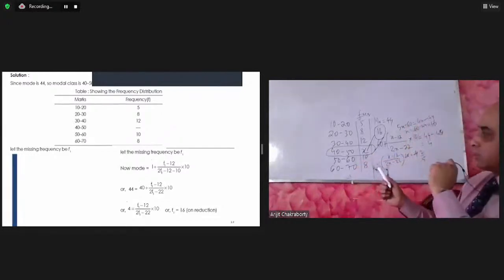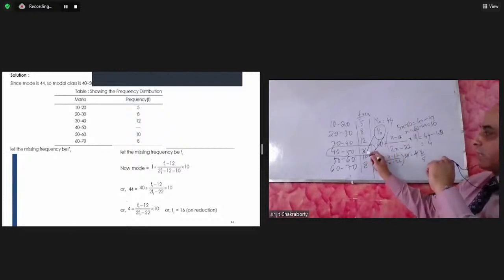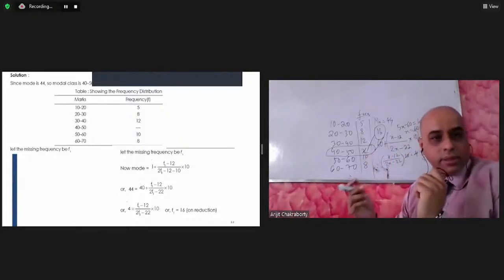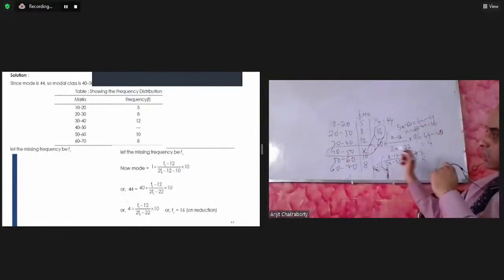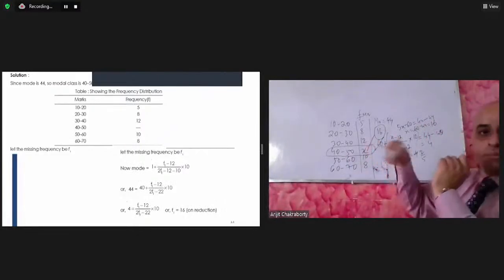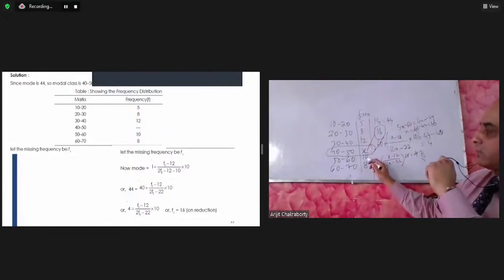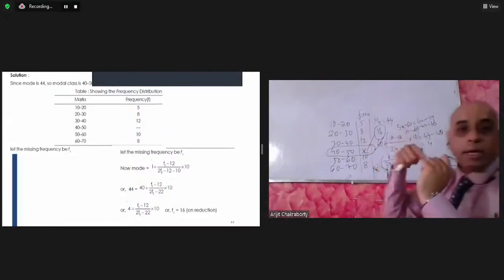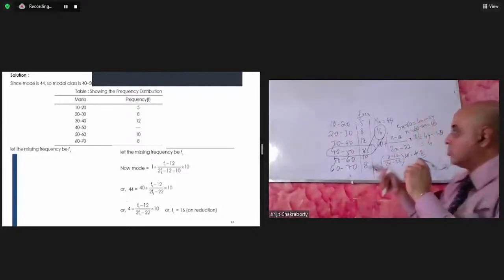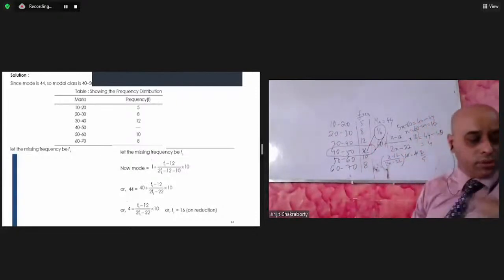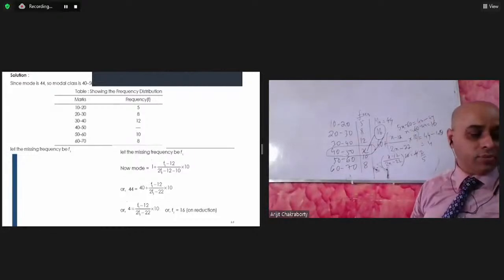Please see, Ankit, once again. 2 in the denominator, 2 into x. What is x? x is the frequency of the modal class. So 2x minus, how is 22 coming? 12 is the immediate frequency, and the next frequency is 10. So 2x minus 12 minus 10 becomes 2x minus 22 because 12 and 10 become 22. Ankit, I hope you have got it.